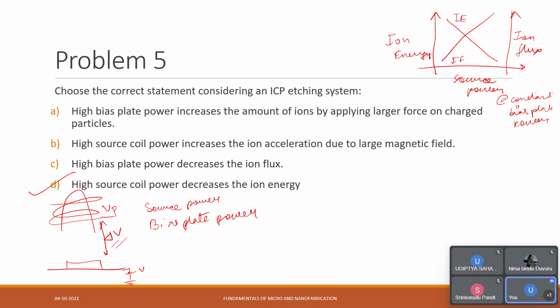The same diagram is also provided for bias power, and that's how we choose what kind of bias power and source power we should have, and how they tune these systems. So the answer would be that high source coil power decreases the energy, like this one. It is decreasing due to the source power.